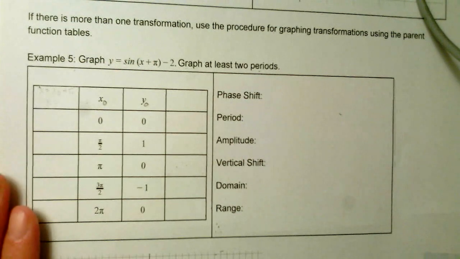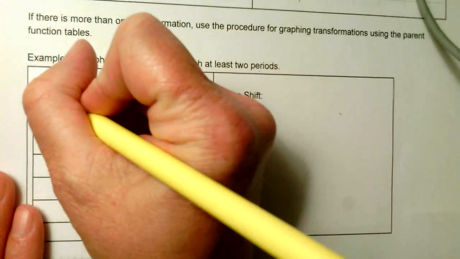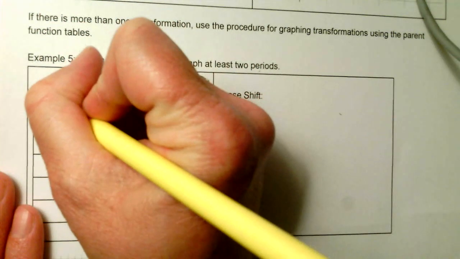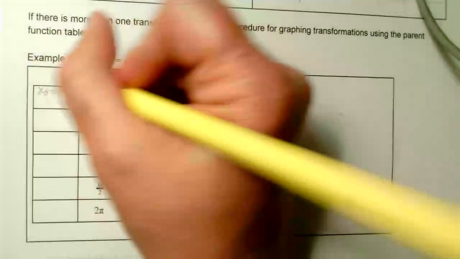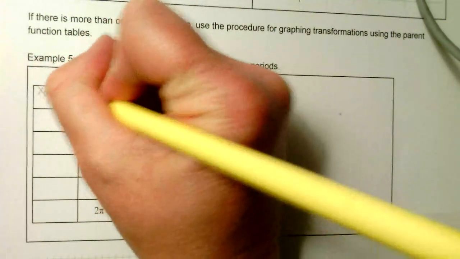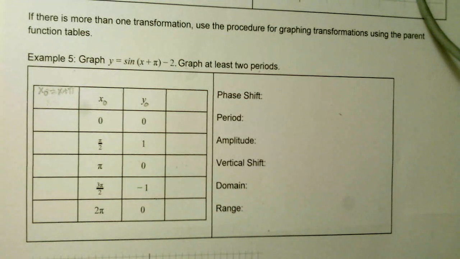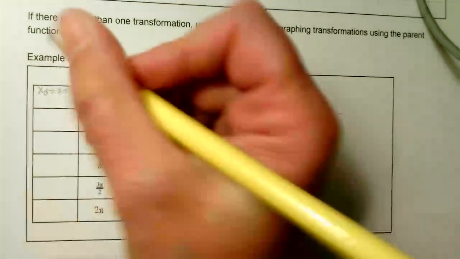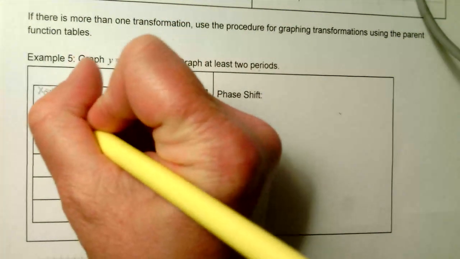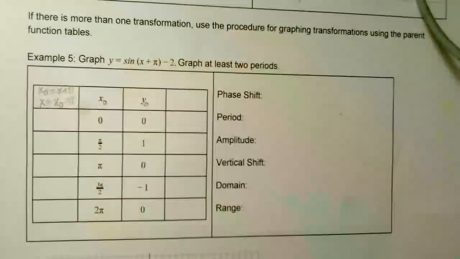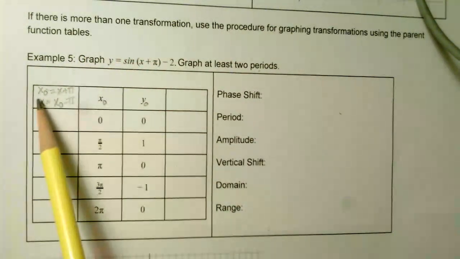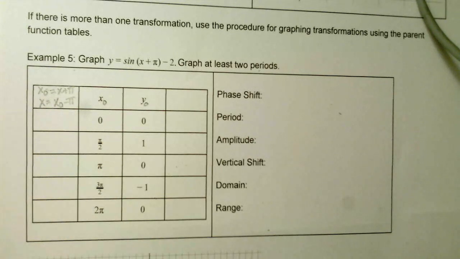So I did it backwards. I apologize, I'm tired. So my original x is now going to be x plus pi, which means that my x is going to be equal to x sub 0 minus pi. Okay, so all I did was solve my top equation for x.